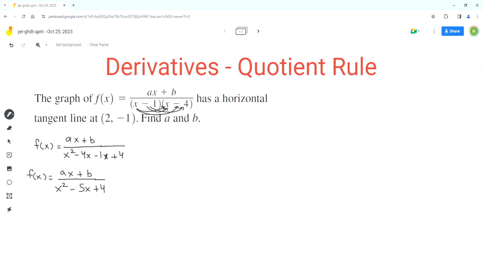Now we can find the derivative of this function using the quotient rule.